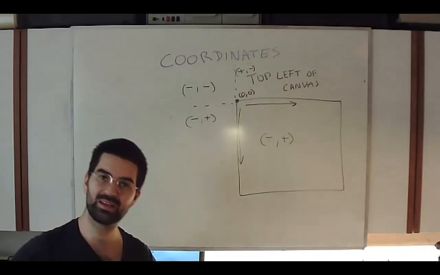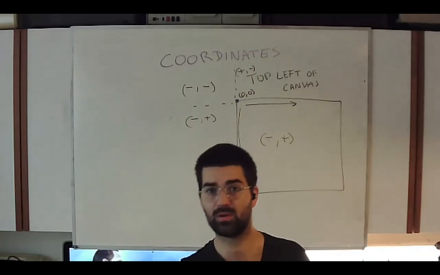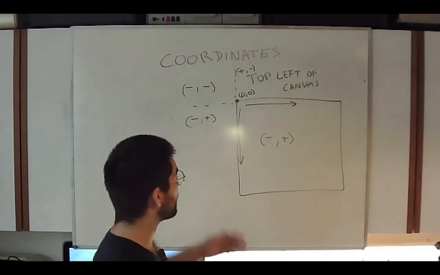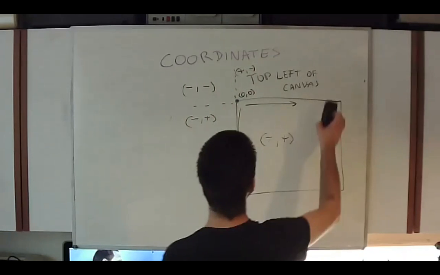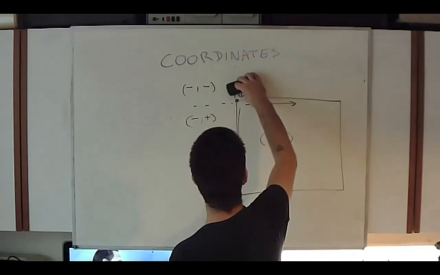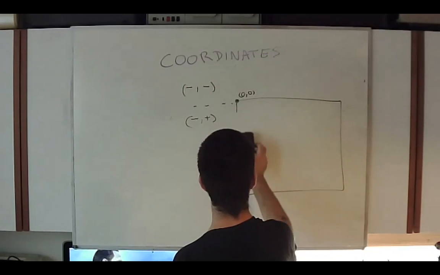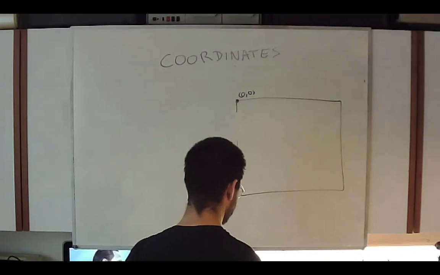So this can make it a little confusing if you're trying to take mathematical graphing stuff and just translate it right into P5, because it's not the same. So 0, 0 is the top left of our canvas, and everything that's visible in our canvas has 2 positive coordinates.